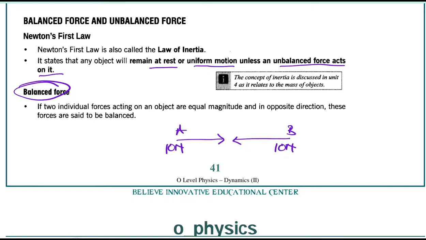If they act against each other, meeting at a particular point, they create a balance, because there is no resultant. So if A is pushing with 10 and B is pushing with 10, then the object just remains stationary. Is that okay?